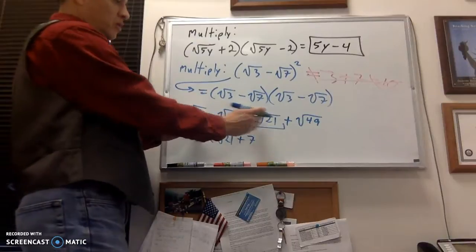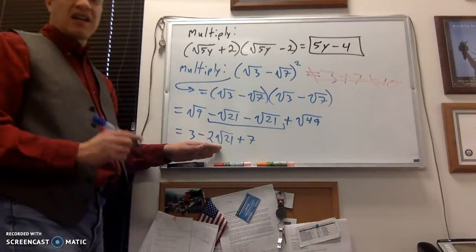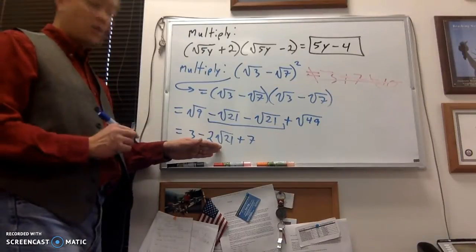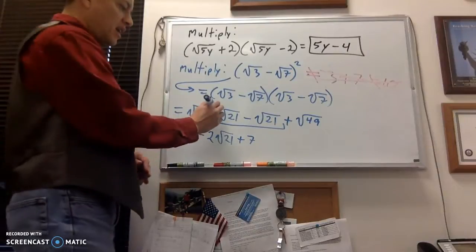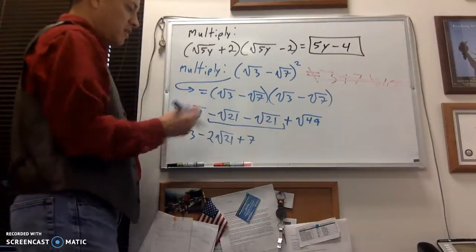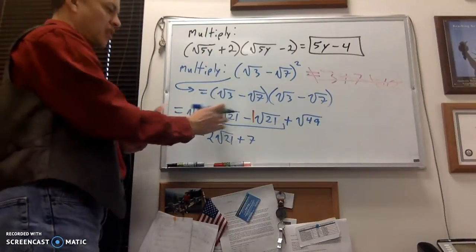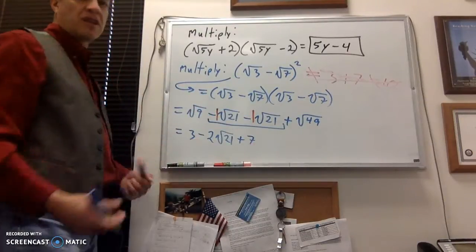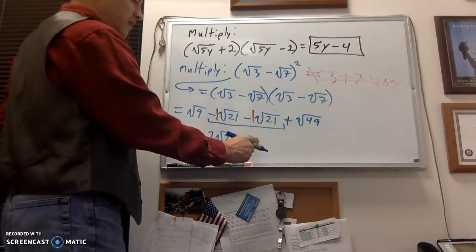Negative root 21 minus root 21 is a negative 2 root 21. Notice that's not a negative root 42. All right, the inside of the radicals, they don't combine. And if it helps, maybe if you want, you could put a little 1 in front of these guys. So you can see negative 1 minus 1 is the negative 2. Sometimes that helps people. And of course, the square root of 49 is 7.